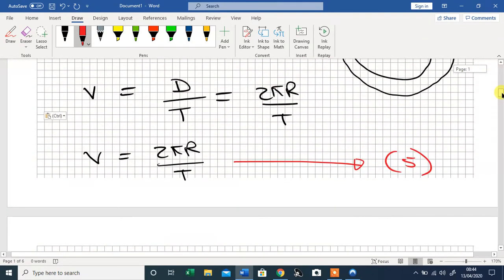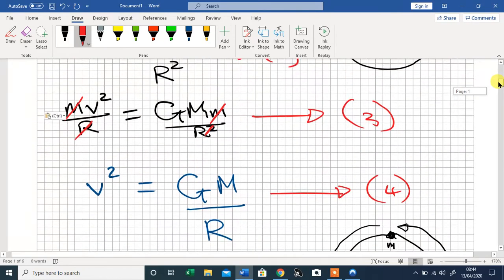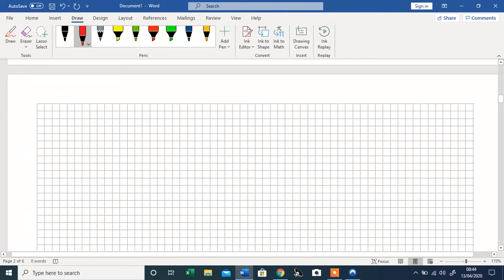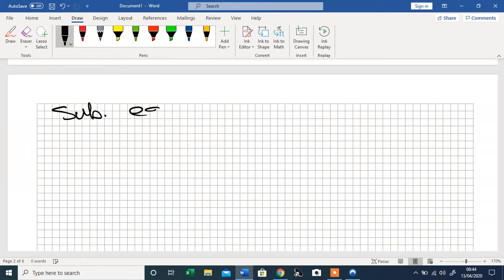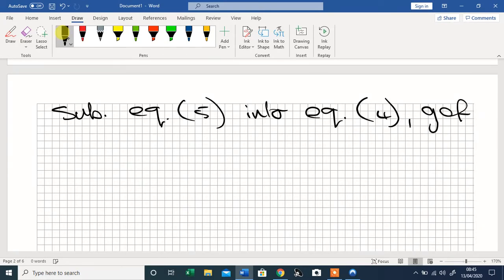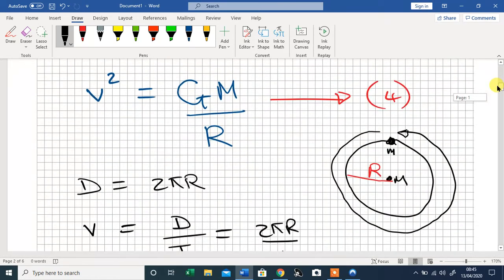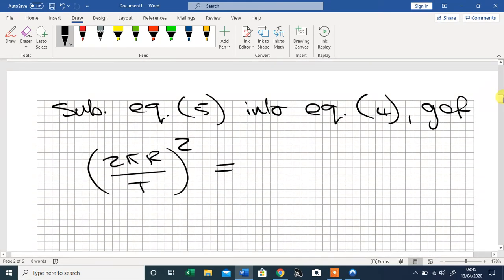So if we substitute equation 5 into equation 4, we get (2 pi r over t) all squared, and that's equal to, I have to remind myself what the equation was, GM over r.